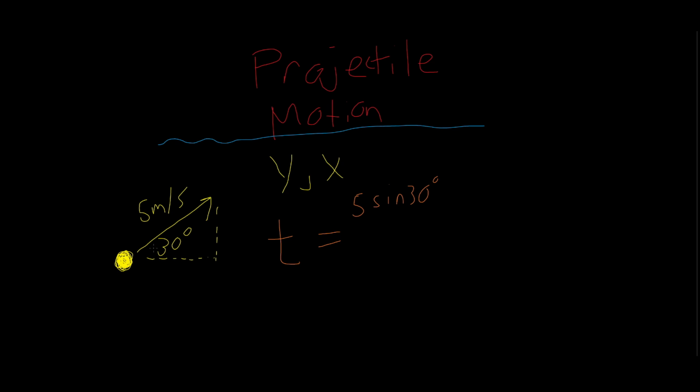Now, if we wanted to determine when this ball was at its absolute maximum peak, so it's getting launched like this, and if we wanted to determine what time it was right here, this would be when the velocity has turned to 0, or the change in velocity is the initial velocity.